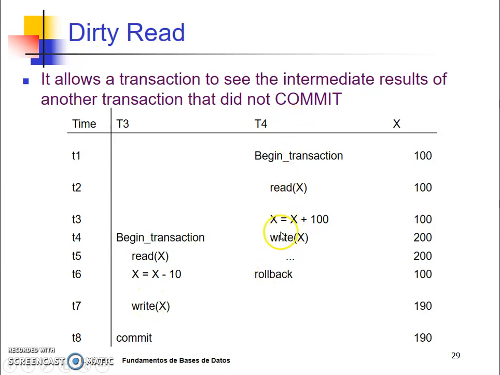However, transaction 4 was canceled. It was rolled back. So the $100 were never in the account. So the correct value should be 90, not 190. So this is the problem of the dirty read, when transaction 3 read a value that is no longer valid because the transaction did a rollback.